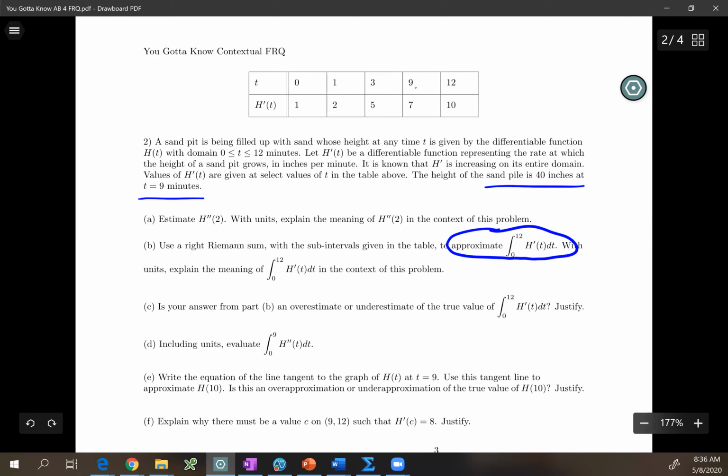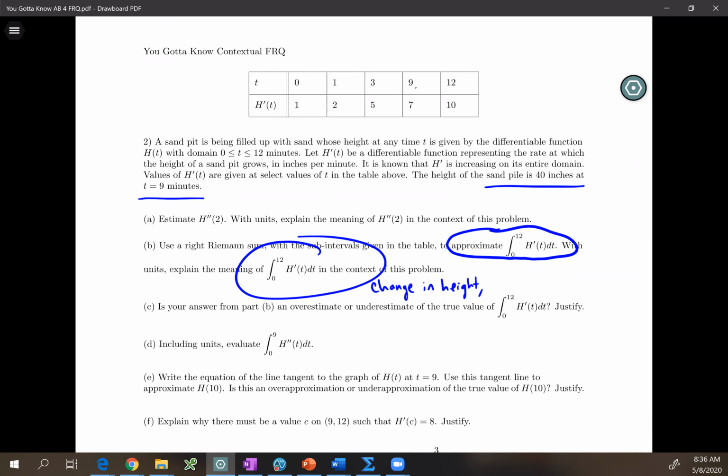And then it's asking, what is the meaning of this? Well, the meaning of this is not the amount, it's not the right height, but it's the change in the height, in whatever units it gives, so in inches, from t equals 0 to t equals 9 minutes.